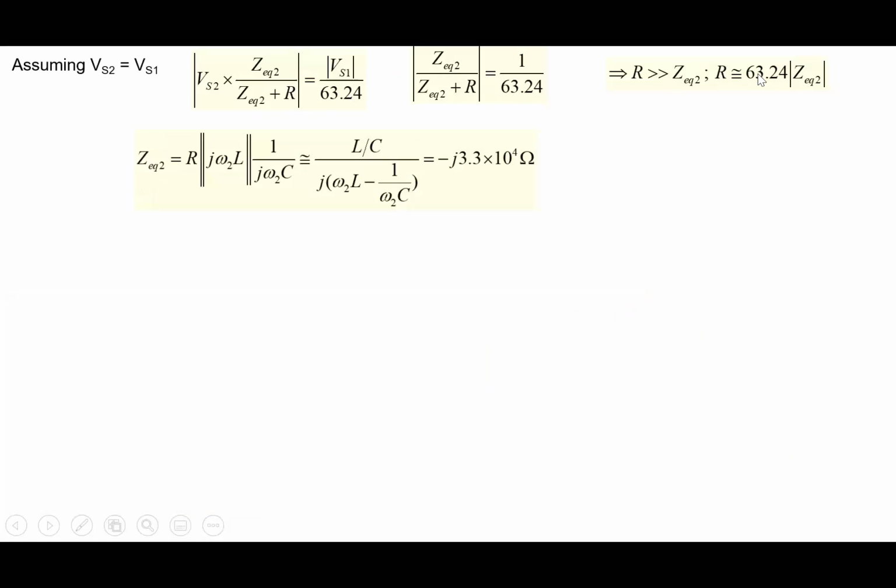And so R is this one here. Z equivalent 2 is R parallel with this. So we can get now the final value of Z equivalent here, and we can evaluate what is the value of R that is required.